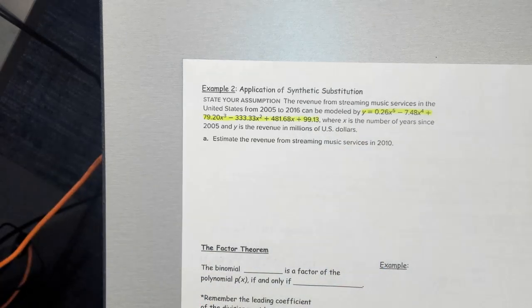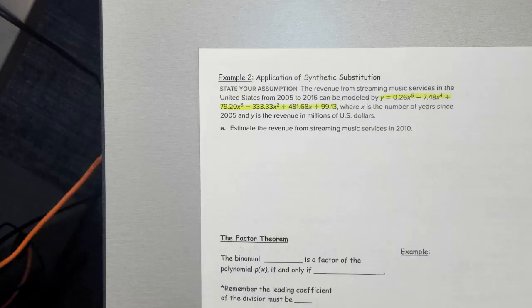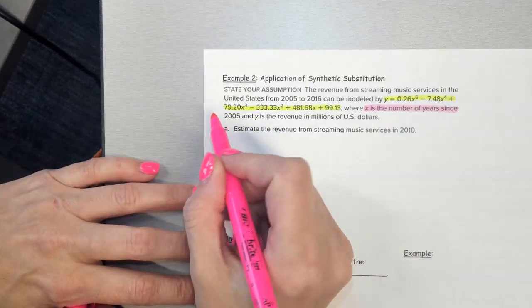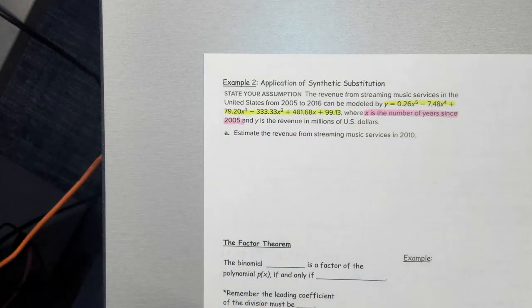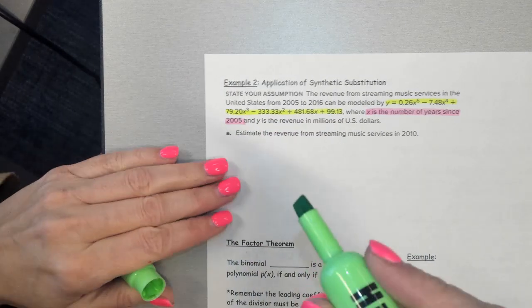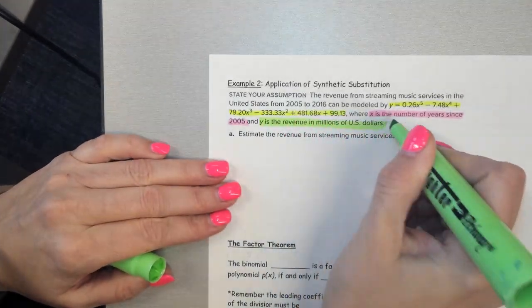Okay, where X is the number of years since 2005 and Y is the revenue in millions. Okay, so it says estimate the revenue from the streaming music services in 2010.